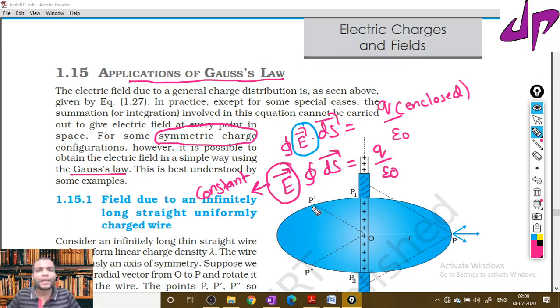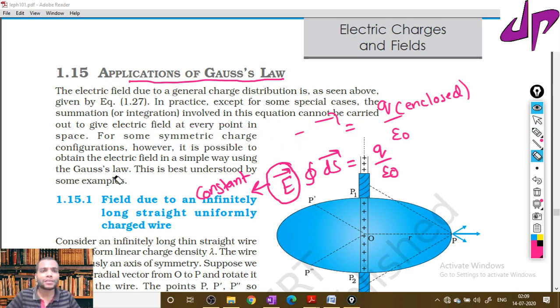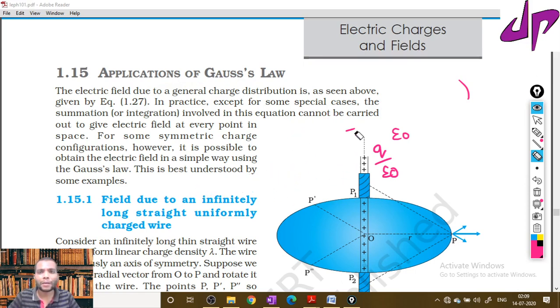So like that we can find the electric field due to a symmetrical charge distribution at a given point. We mainly apply Gauss's law to symmetric charge distributions. Again I am stressing the advantage: in Gauss's law, the electric field term becomes constant.